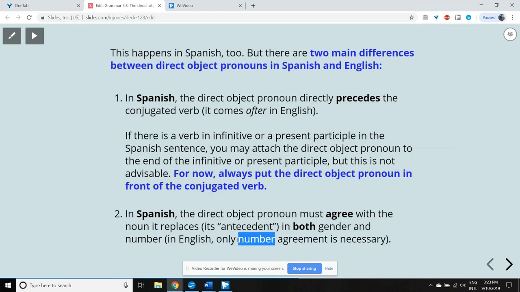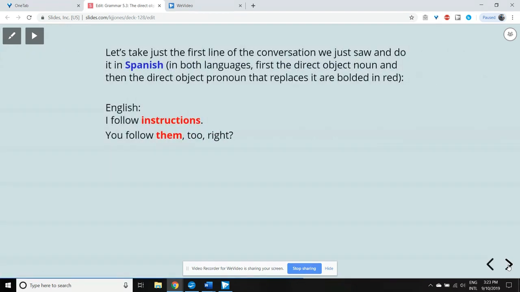If it were the singular noun instruction, we would have used the singular direct object pronoun it, okay? But it's not, so we didn't. And in Spanish, we don't only have to make our direct object pronoun agree in number, it has to agree in gender as well. And don't worry, we're going to see plenty more about this.